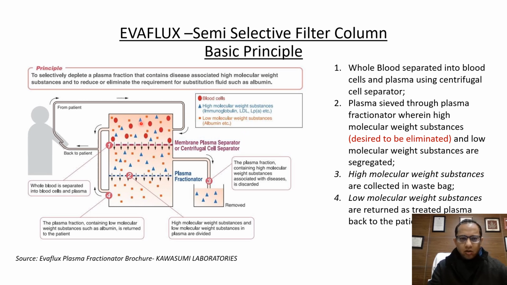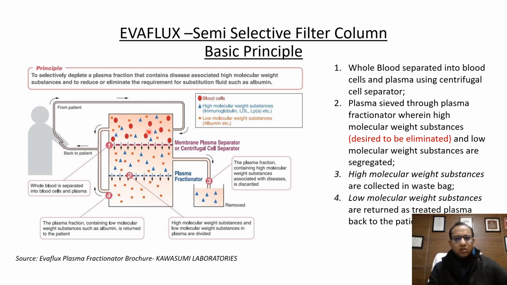The basic principle is a combination of two principles. Basically, when the blood goes from the patient, you have a centrifugation mechanism in which the cellular and the plasma part is moved, in the sense that the high molecular weight substance and low molecular weight substance, the blood cells, all of this is separated, and the membrane plasma separator is here.